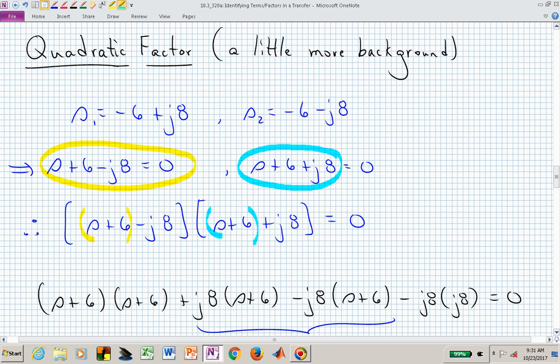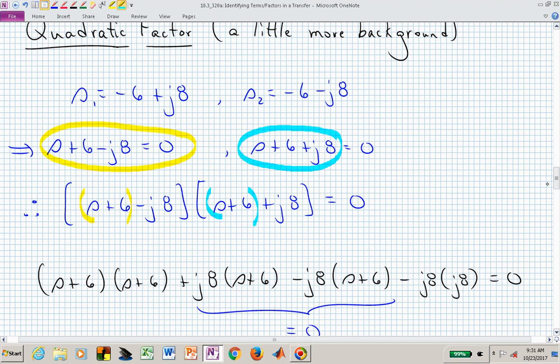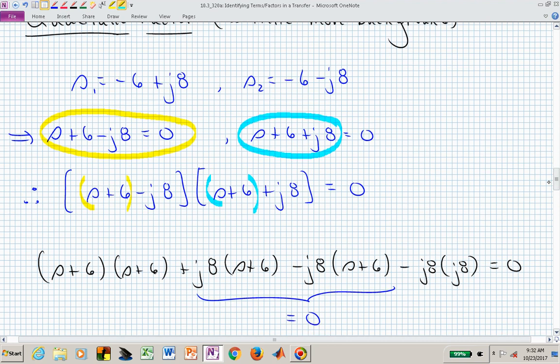So now I've pushed that yellow factor of s plus 6 through both terms on the far right. And if I multiply the minus j8 through the two terms on the right, I have minus j8 times s plus 6 and a minus j8 times a j8. And that's now all equal to 0. That's my denominator factor or quadratic.